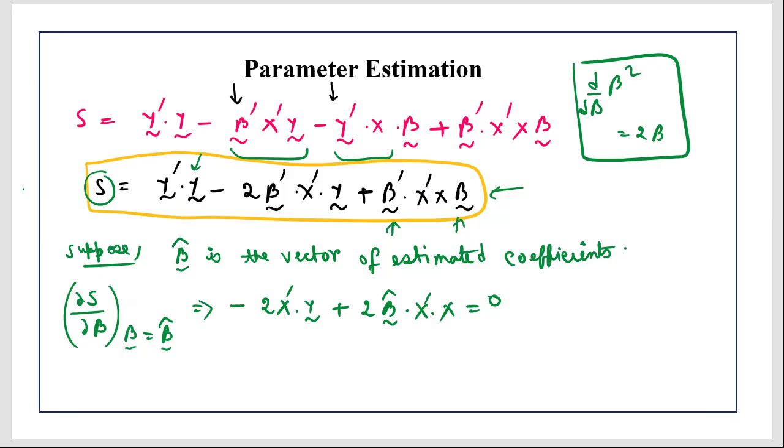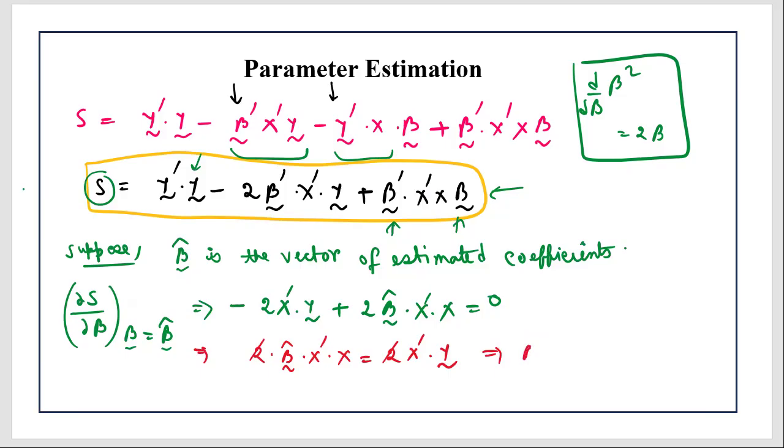Now, if this is the scenario, we can clearly find out what the beta cap will be. 2 into beta cap into X prime X will come out to be 2 into X prime Y. So this 2 and 2 cancel out.